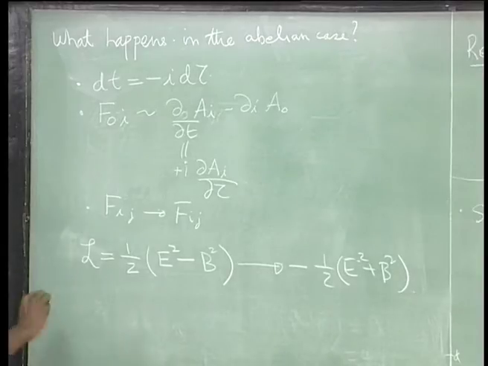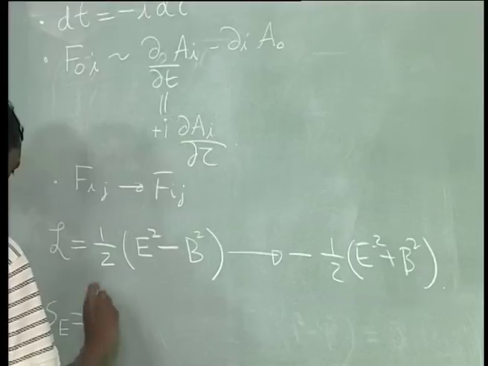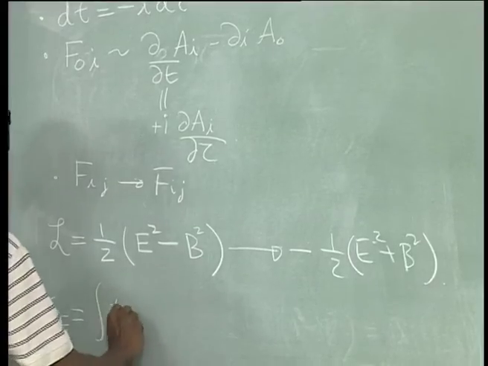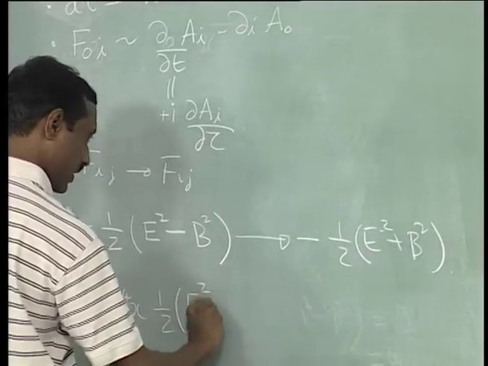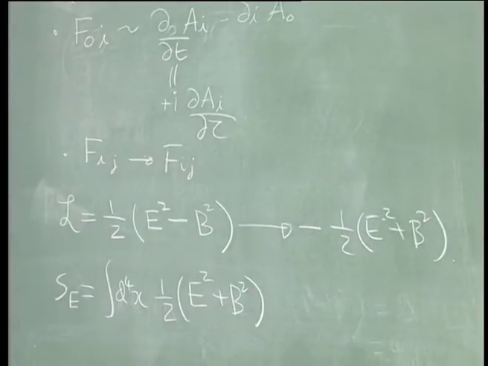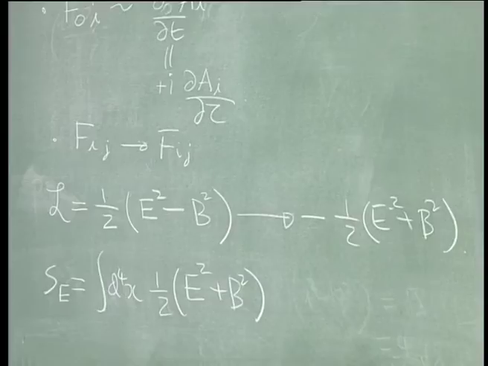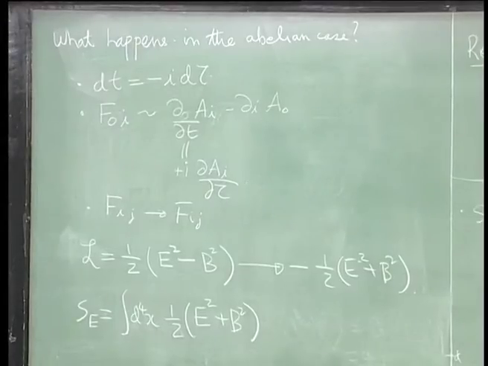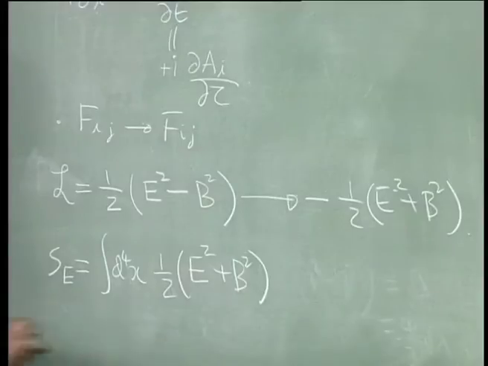So the Euclidean action would look like S equals integral d 4 x half of E squared plus B squared. But we should have guessed this. It should look like the Hamiltonian density in one higher dimension. We have worked out the answer for general dimensions, so it should look like this. This is what you get.